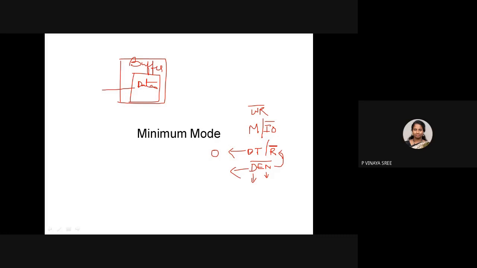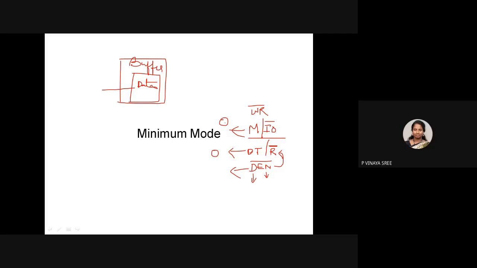The processor is receiving the data, but from where? You have two types again, memory and IO. Whether the data is received from memory or from IO is decided by this pin. Let us consider in this case I placed 0. It means data is enabled, the processor is receiving the data, and it is receiving from IO.